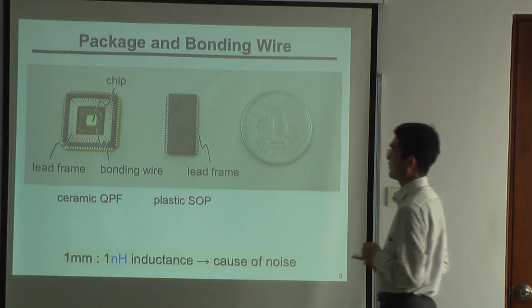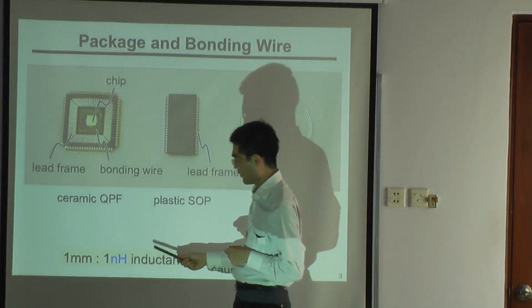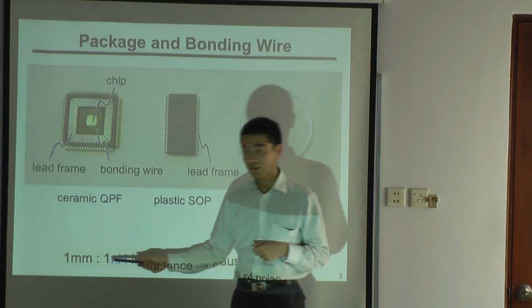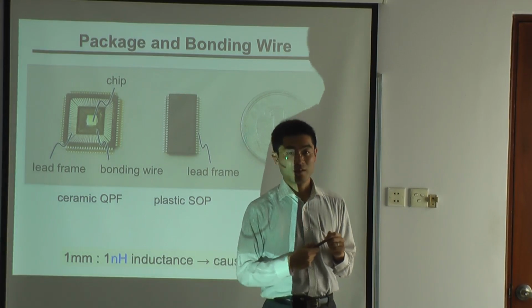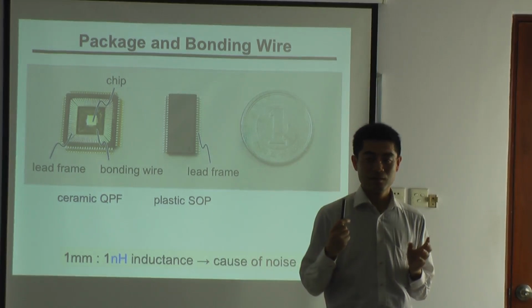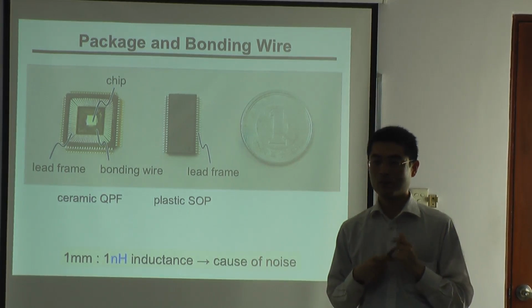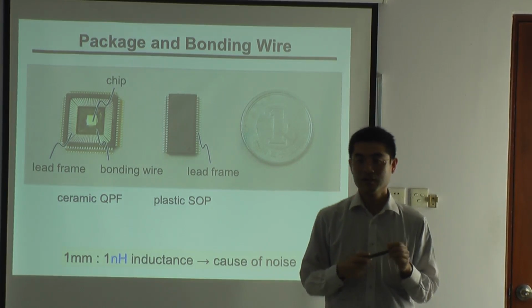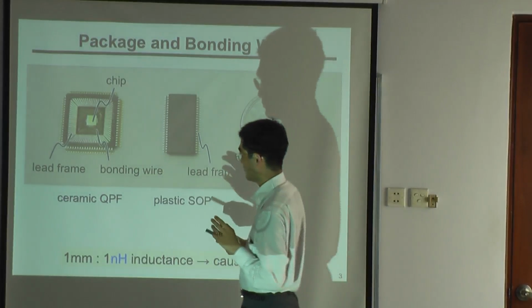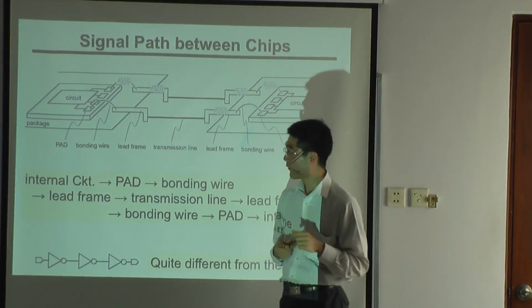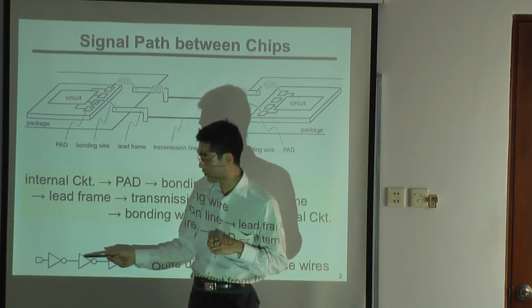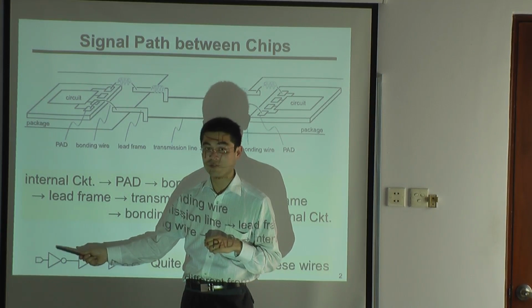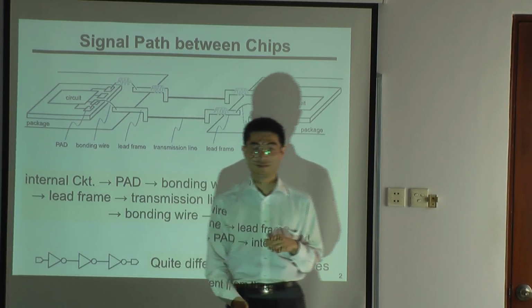And again, it says a 1 millimeter wire comes with 1 nanohenry inductance. And you would understand if you have simulations, for example, when you simulate this, you usually use an ideal power supply.